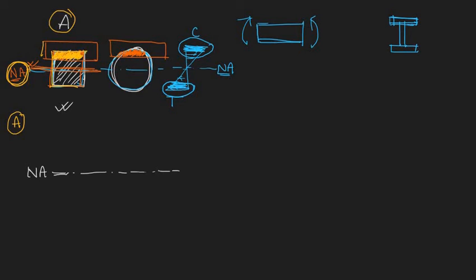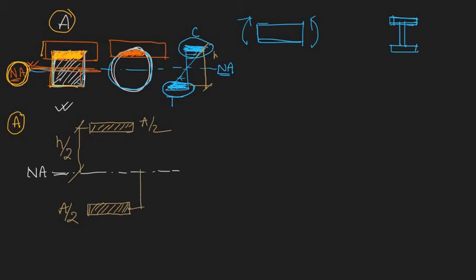You would simply put all the material away from the neutral axis. Got it? So this is the flange material, that is A by 2 area, and this is A by 2. Of course, the distance between them is h, so the distance from the neutral axis is h by 2 on each side.